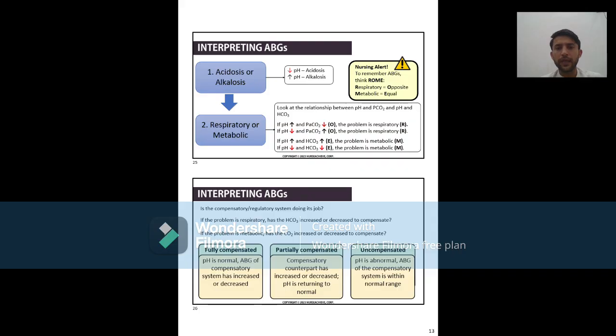Either the bicarb is within its own range, or it goes up or down and causes some change in the pH level. In uncompensated, there will be no compensation. The pH is abnormal, and the compensatory system is within the normal range.